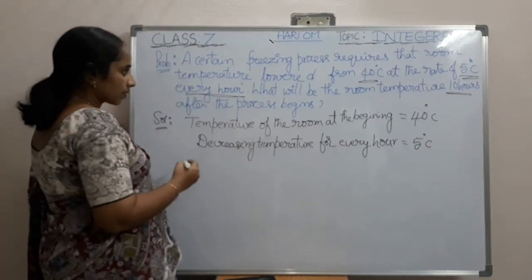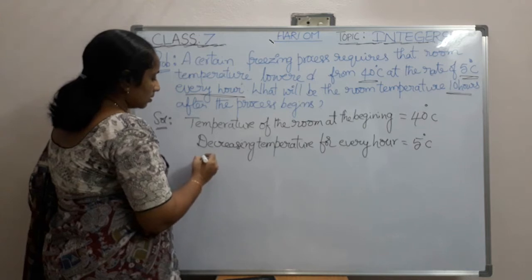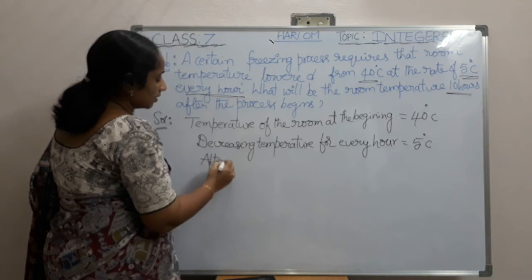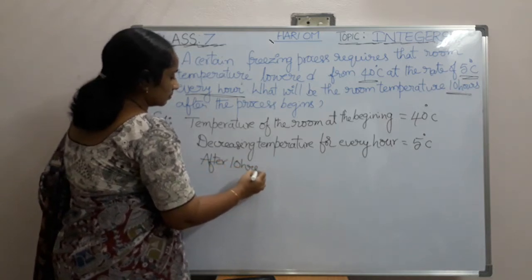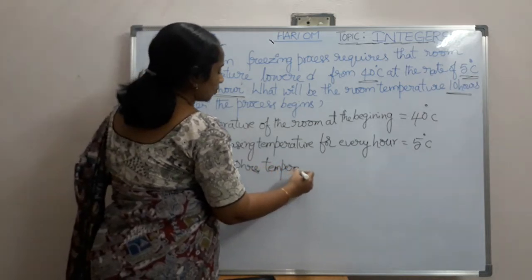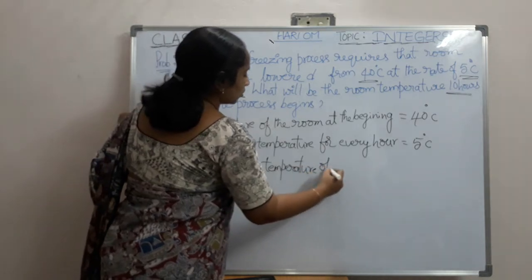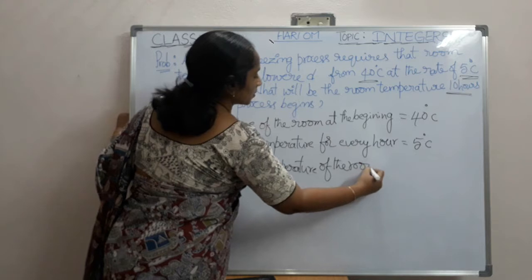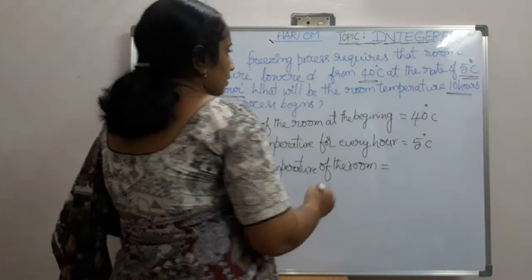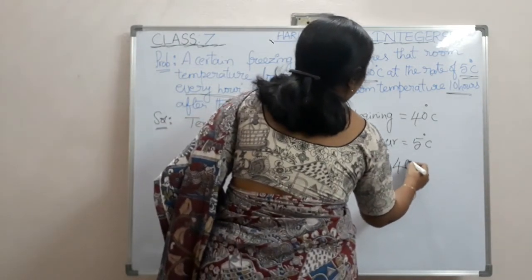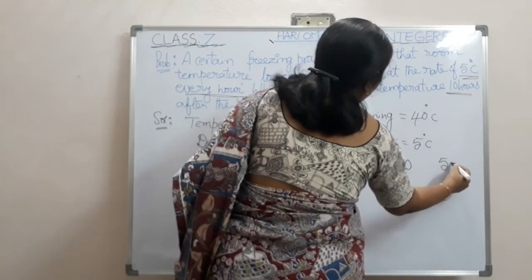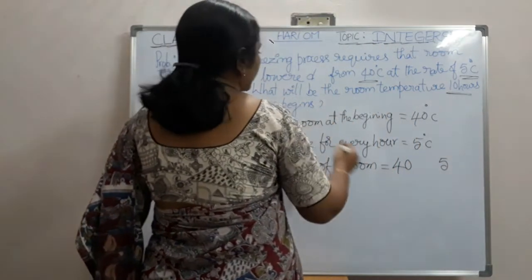Now, after 10 hours, the temperature of the room is: initially it is 40 degrees, and for every hour it is decreasing by 5 degrees.